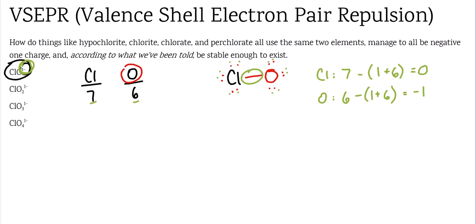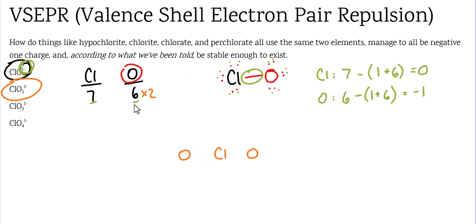Let's go ahead and try it with one of the other ones. Let's try it with this next one. This time we're going to double our amount of oxygen electrons. So we have chlorine in the center, 2 oxygens equidistant on the outside. And how many electrons do we have to use?